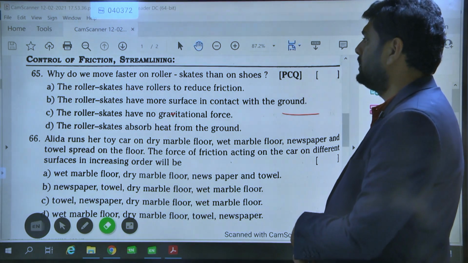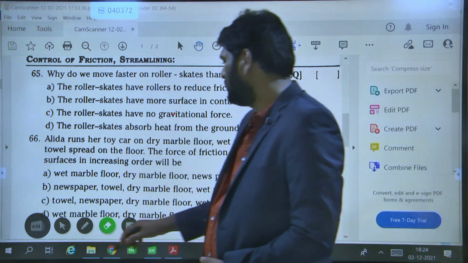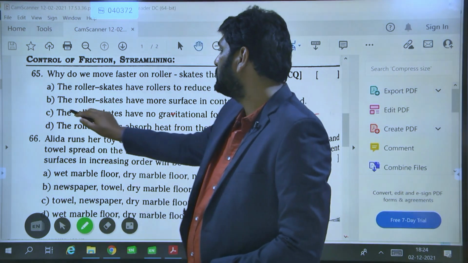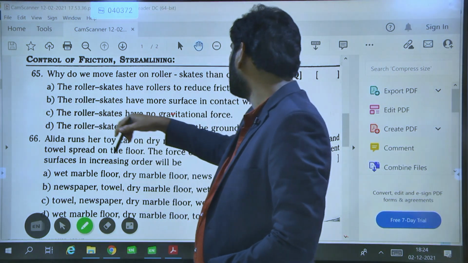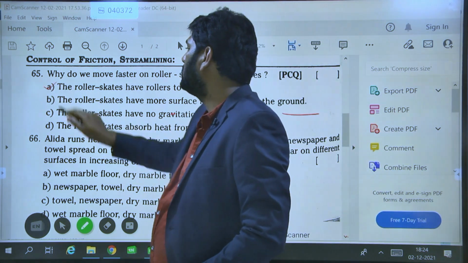Very good, nicely you have given the answer. So is this the second option or the first option? A. A is the answer.